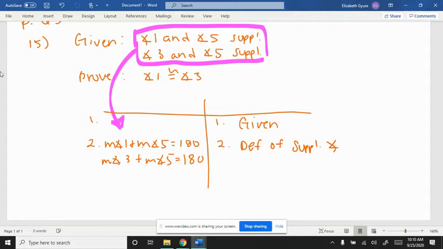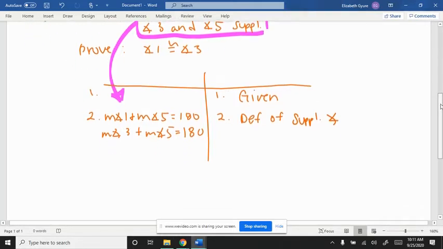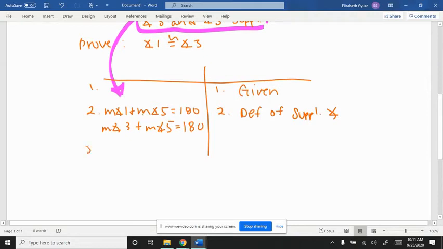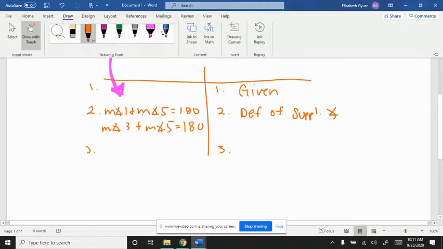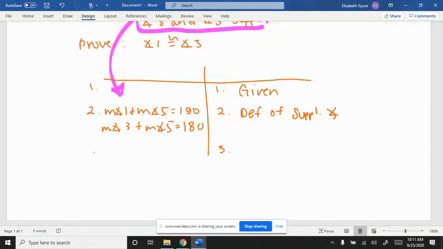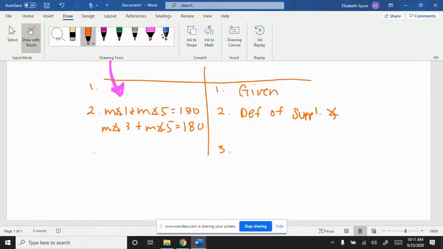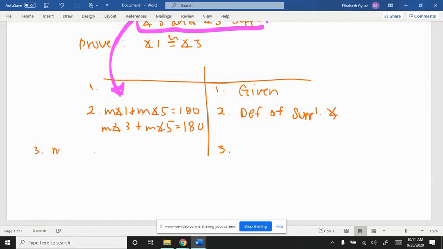Good. All right, then the next thing is it then told us for step 3, it then set those equations equal to each other. So it said that, I'm going to move this over so I have a little bit more room here, it said that the measure of angle 1 plus the measure of angle 5 equals the measure of angle 3 plus the measure of angle 5.